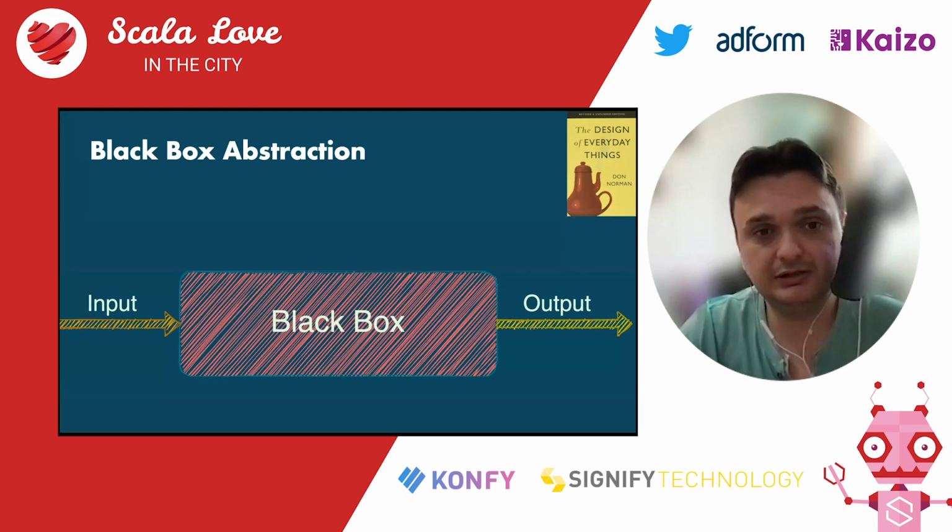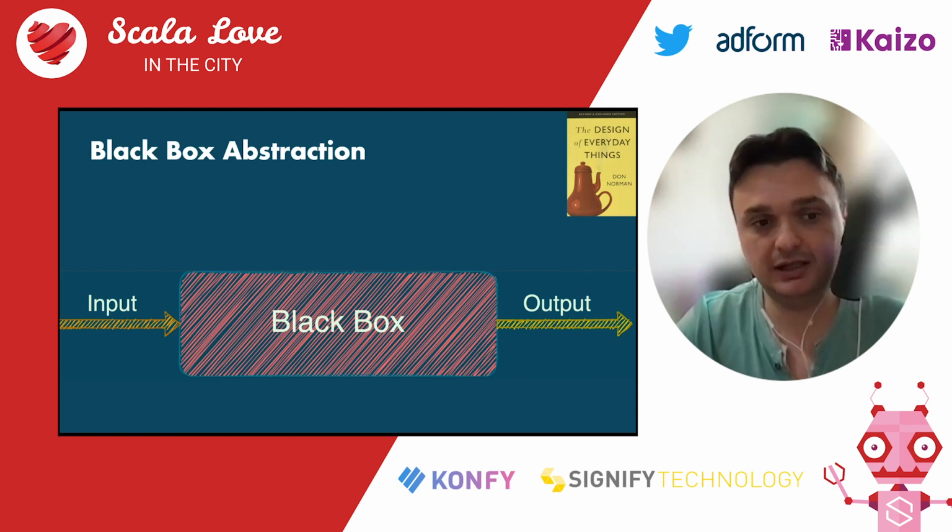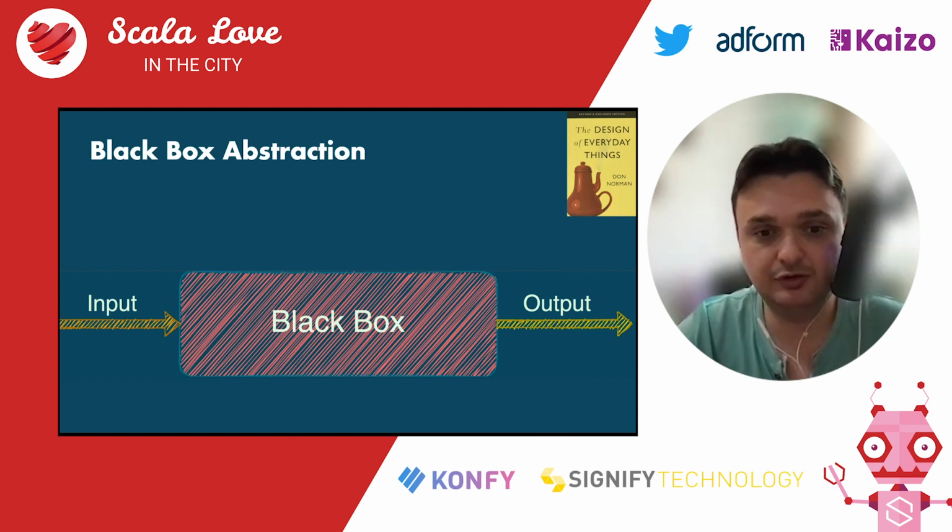And one important notion that we should talk about is the notion of the black box abstraction. A black box is a system, a program that is described only in terms of its inputs and its outputs. We don't care about what's underneath. What we care about is for the inputs and the outputs to be defined well enough such that we can form a useful mental model that allows us to operate it without breaking it.